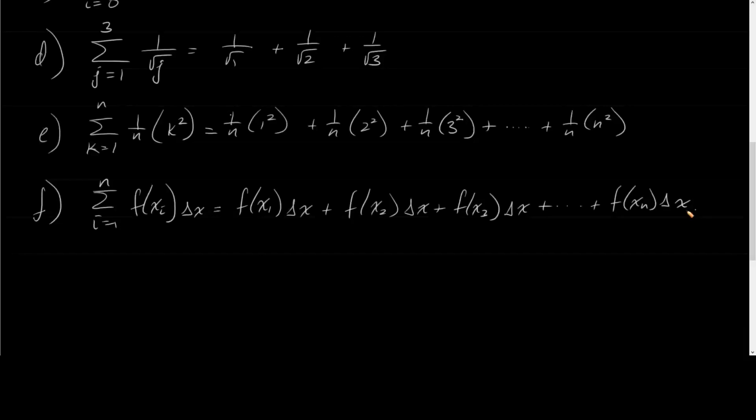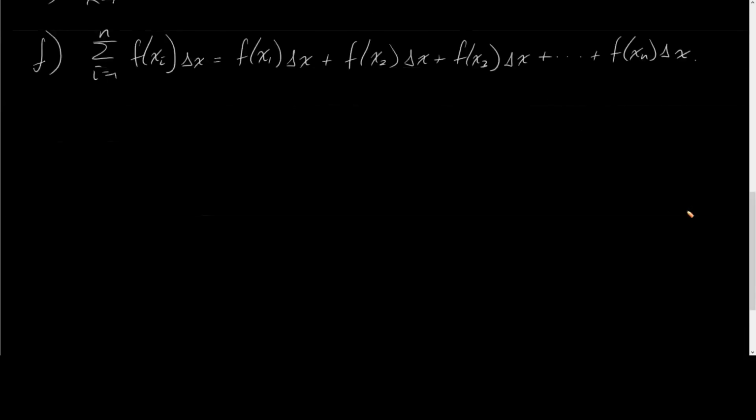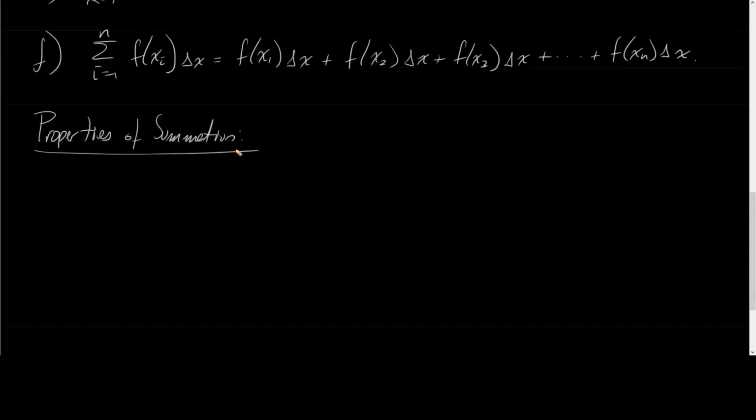Now let's talk about a couple of properties of sigma notation. So, some properties of summation. And these are the properties. If I have the summation from i equals 1 to n, well, in general here, it doesn't really matter what we're going from to.